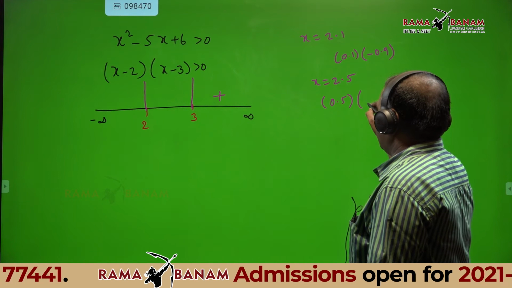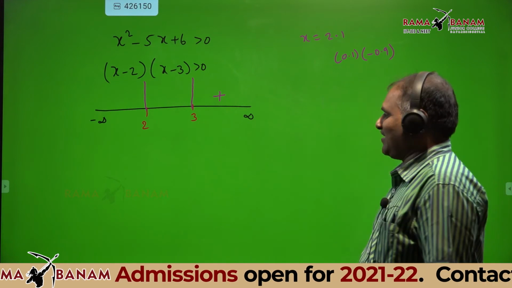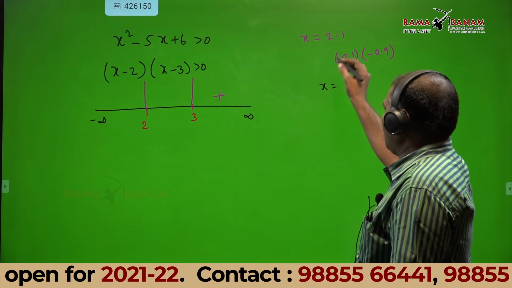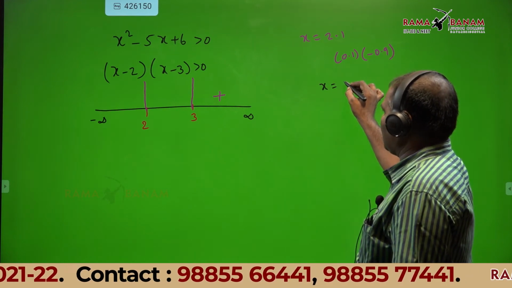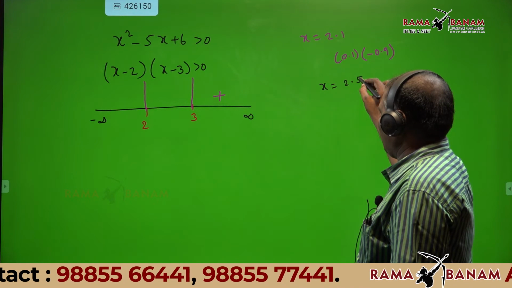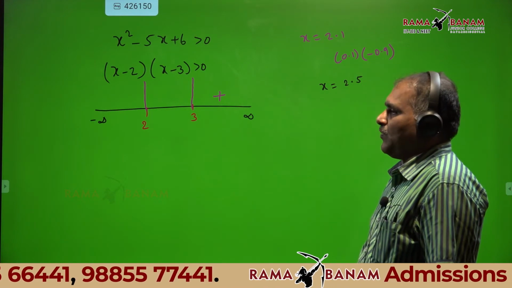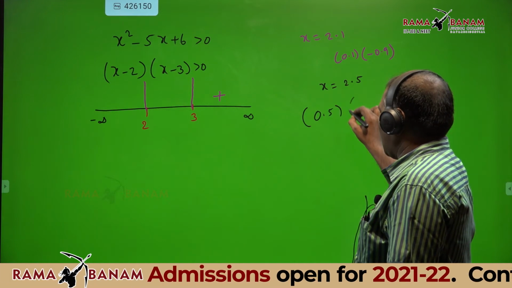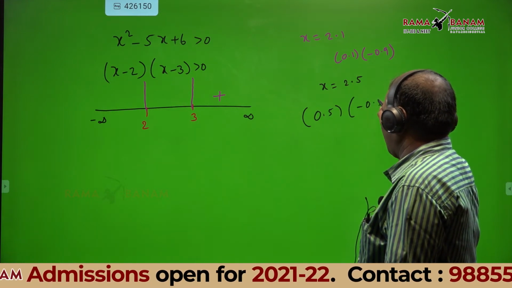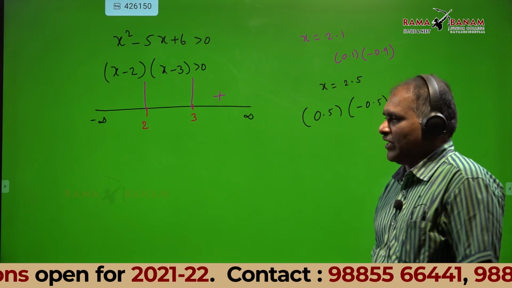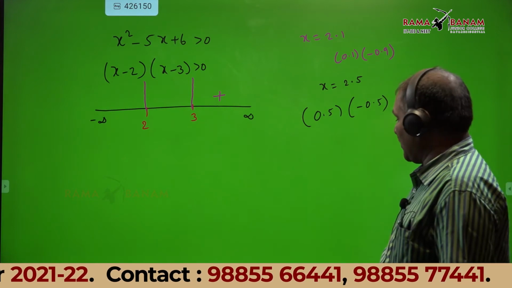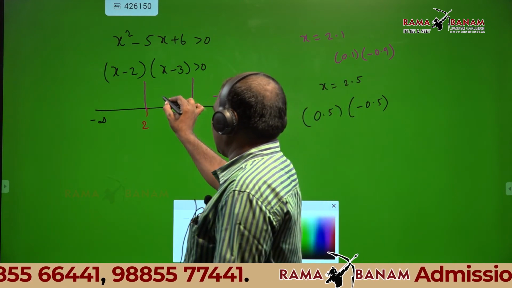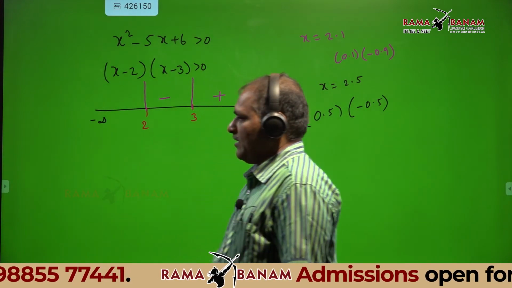Minus 0.5. So x is equal to 2.5, that is 0.5 into minus 0.5. Positive into negative is negative. Therefore, it is negative.